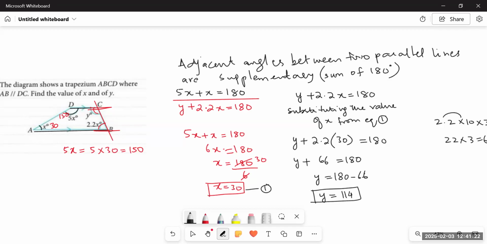So the adjacent angles between two parallel lines, we cannot say that these two angles would be equal to each other. No, the angles at points A and B won't be equal to each other. Only the two angles that are between the two parallel lines, whatever angles would be formed here and here, would have a sum of 180 degrees. Similarly, if the two angles form like this, these two angles would have a sum of 180 degrees. So you have to keep this in mind.